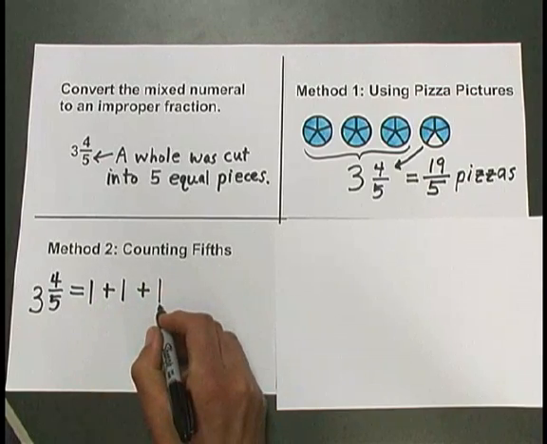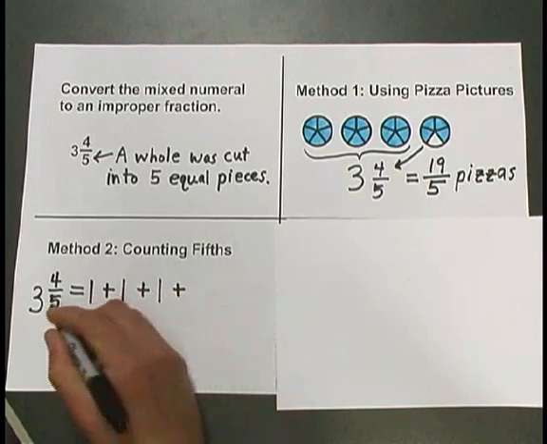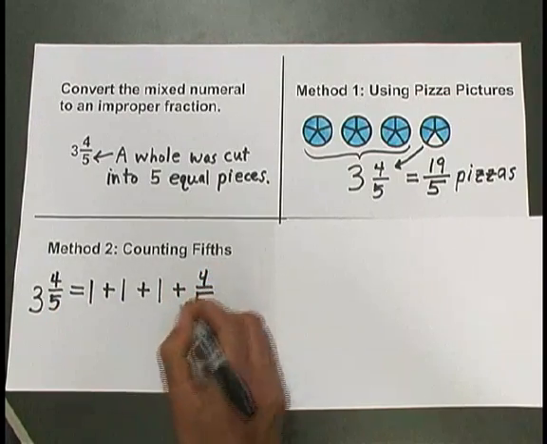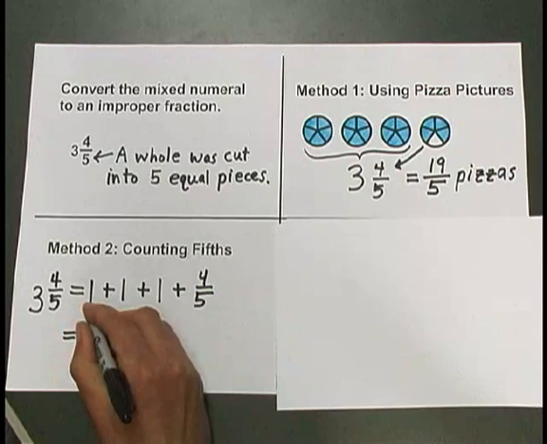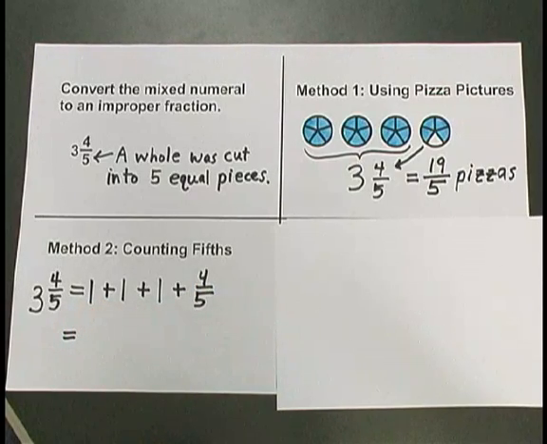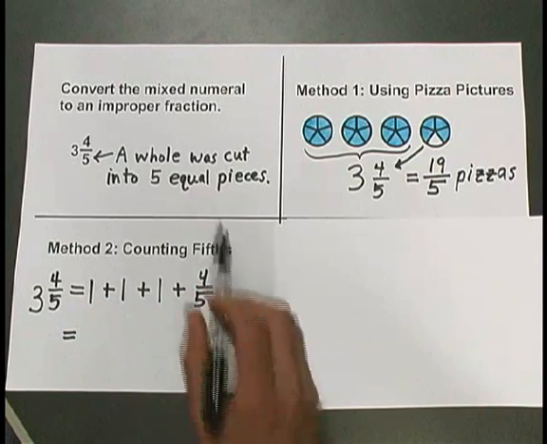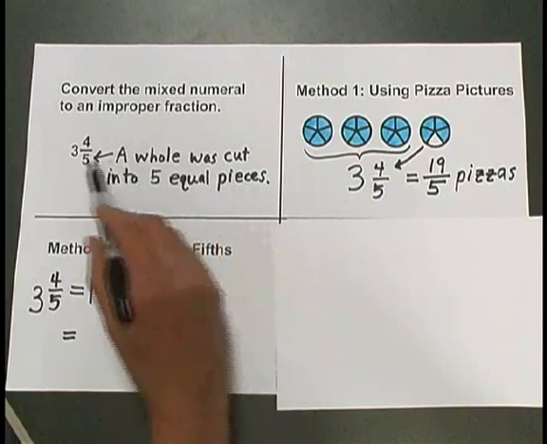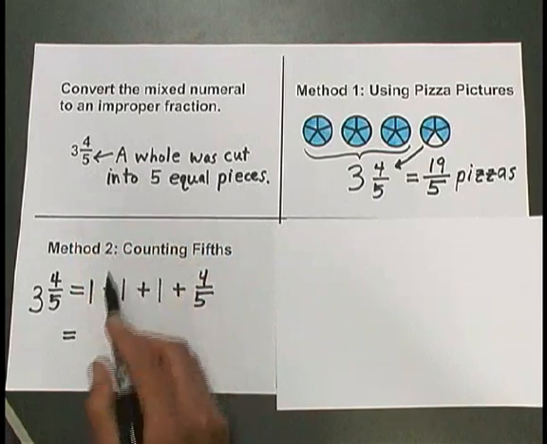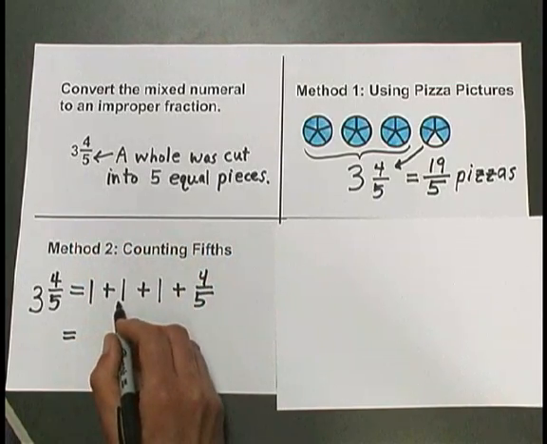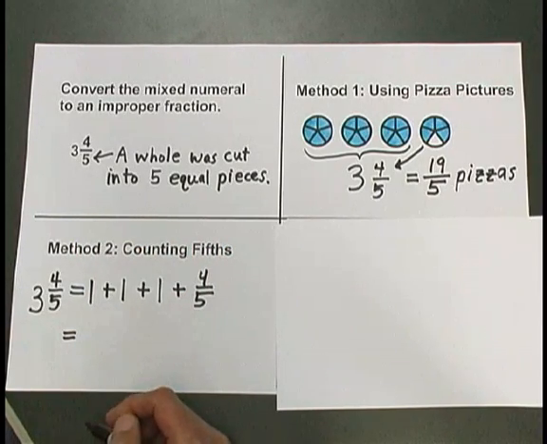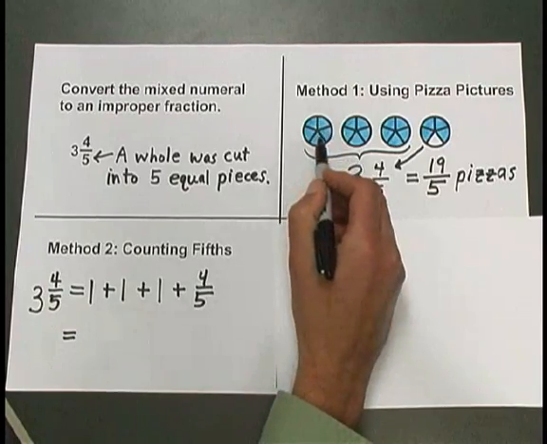There are my 3 wholes. Plus, I have 4/5 more, the fractional part. Each one of these wholes I'm going to think of as a fraction. Now, because a whole was cut into 5 equal pieces for my fractional portion, each one of these wholes that I got from the 3, I'm also going to cut into 5 equal pieces, just like each pizza.